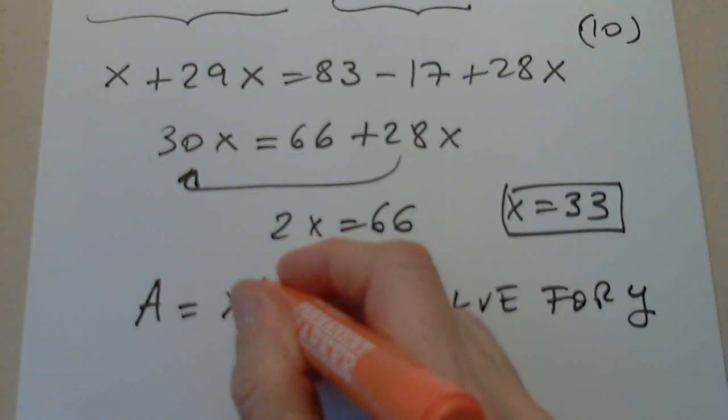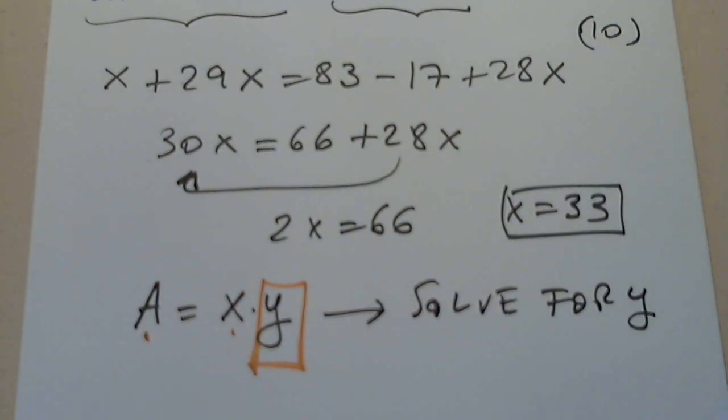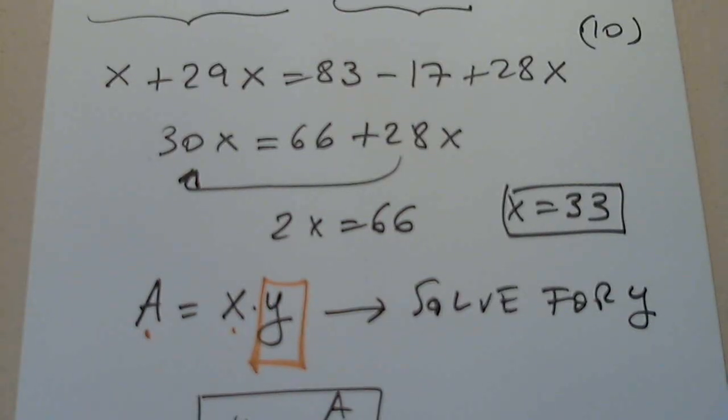We assume that the area and x are known. If I have to solve for y, all I have to do is divide both sides by x. This is the idea behind solving a formula for a particular or indicated variable.